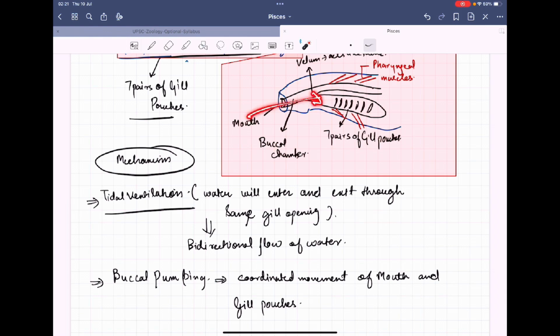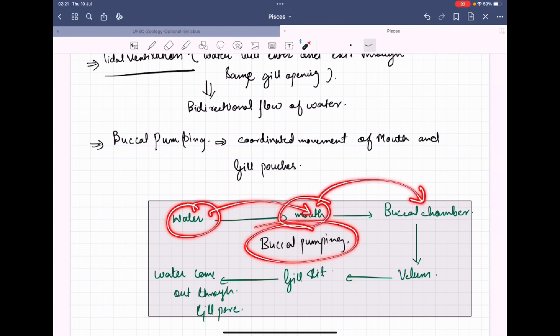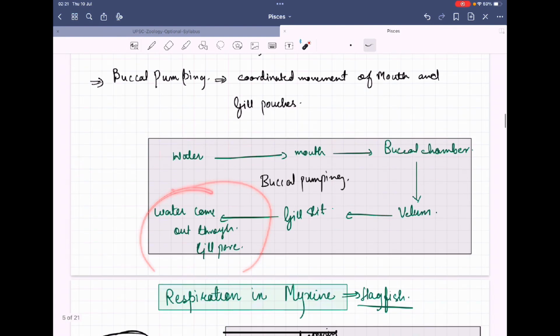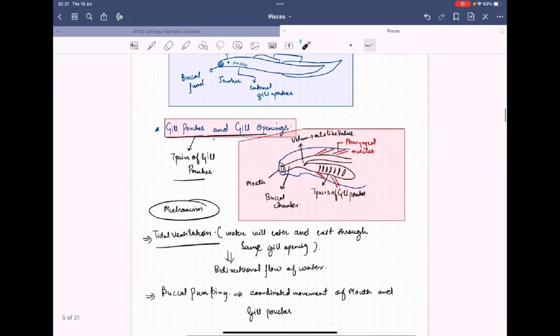So the water will go in and then into the gill pouches, and from there will be exchange of the gases. The water will enter the mouth, then the buccal chamber, then through the velum it will enter the gill slits, and then it will come out of the gill pores. So this is about the respiration in cyclostomata.